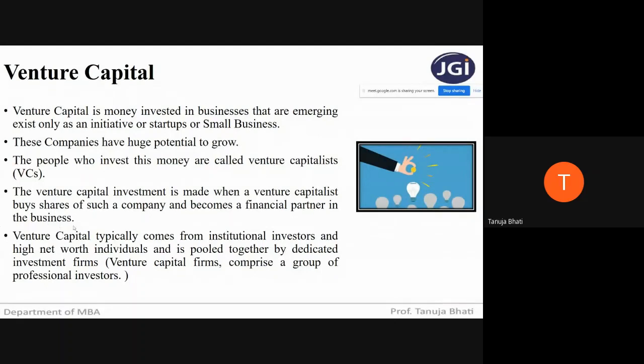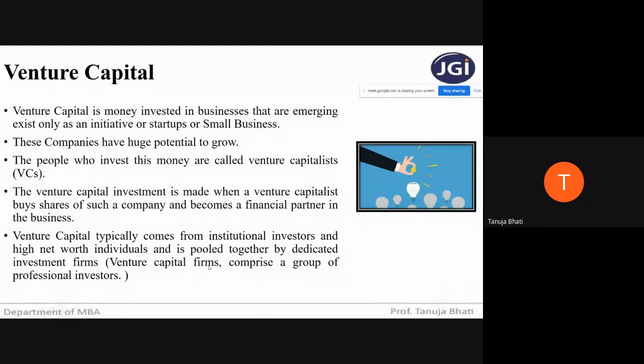Similarly, when venture capitalists invest in such startups, they invest by buying or purchasing shares of such startup company, they have a right in the financial side, and they become a financial partner in that particular company. Now, venture capital typically comes from institutional investors and high net worth individuals and is pooled together by dedicated investment firms.